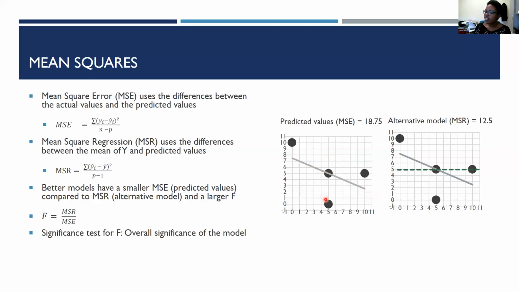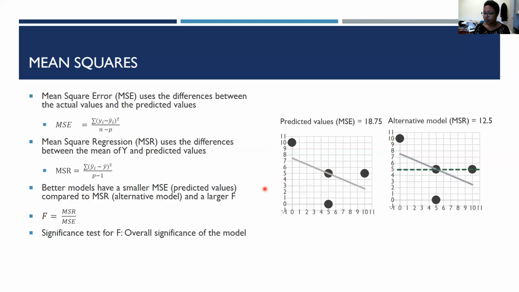You notice in this data set, we actually see that our mean square regression is smaller than our mean square error, right? So in that sense, this flat line is actually a better predictor of all these points than this fit line right here. You can actually see that because when we just predict the mean of y here, we actually have 2 dots that are right on that value, whereas with the fit line, only 1 dot is really on that line.